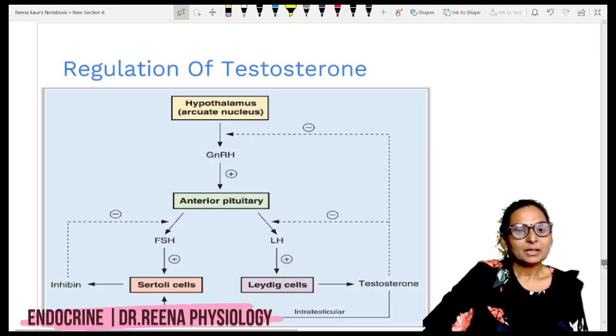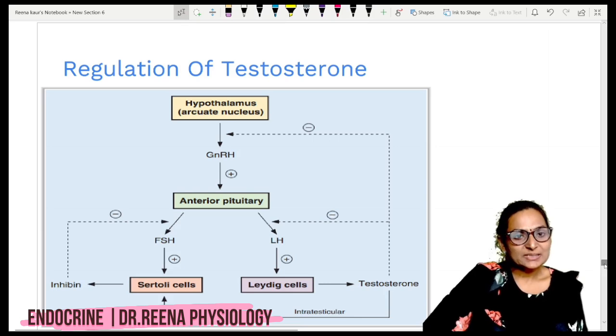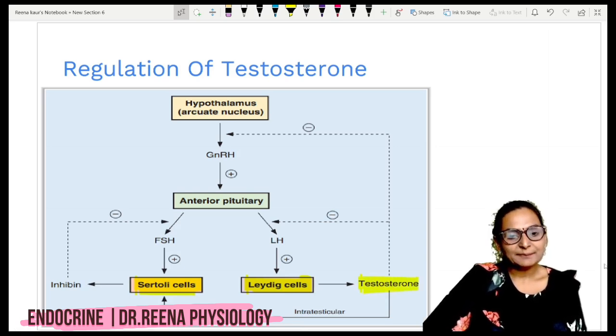Anuradha now. Now see, there are two cells in the male reproductive system. One is the Leydig cells and the other are the Sertoli cells. The Leydig cells secrete testosterone, and they are under the influence of LH.